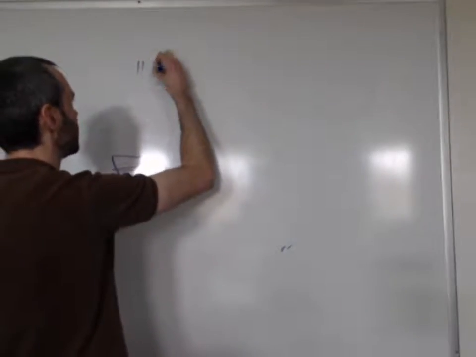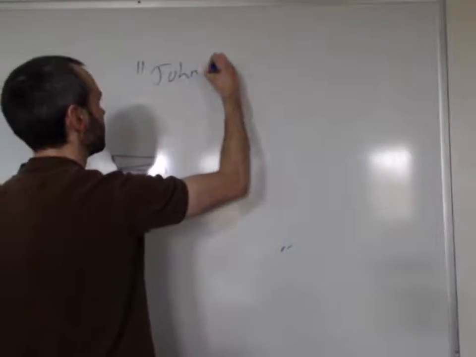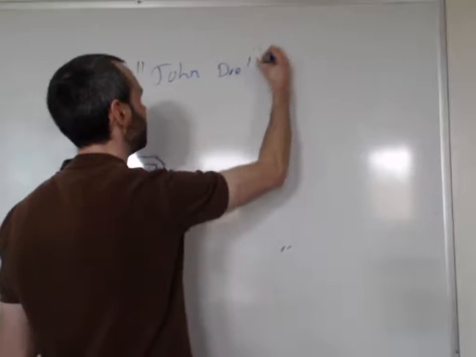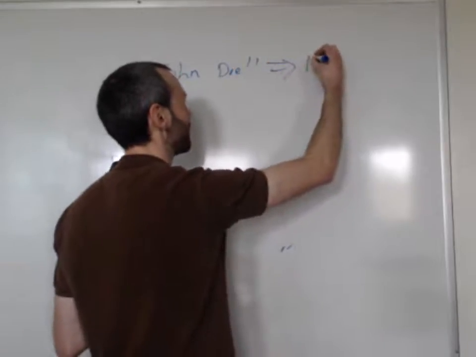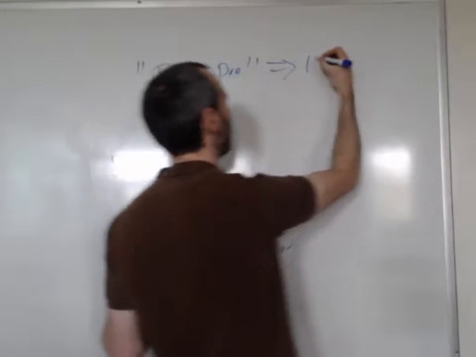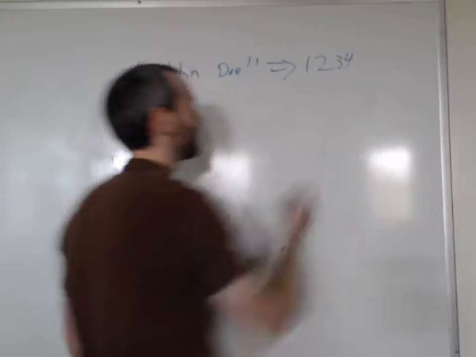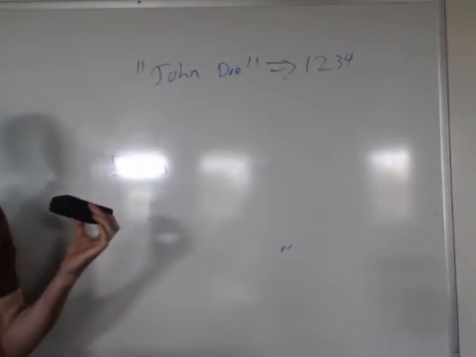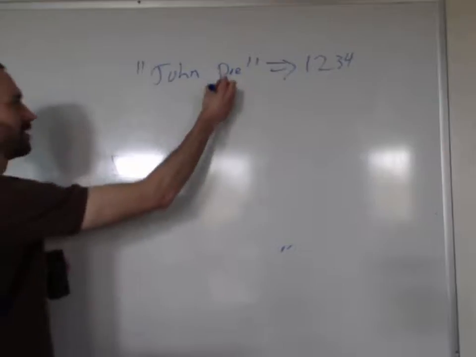So this has to do with objects. You may have, good old John Doe. Maps to John Doe, there you go, 1, 2, 3, 4. And you're going to do this a lot.